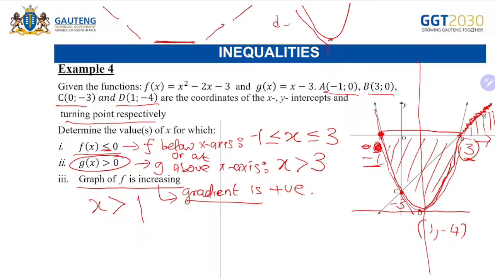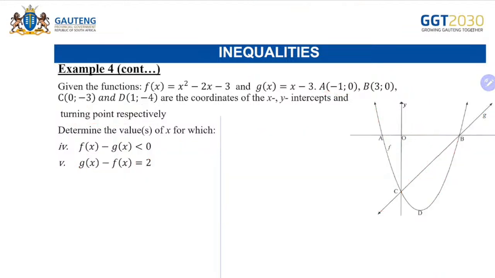Here it is decreasing and here it is increasing. Here the gradient is 0. It is not increasing nor decreasing. We say that it is stationary. You'll learn more about this as you go on with your mathematics syllabus. Right, we move on now. Let's look at the next one.